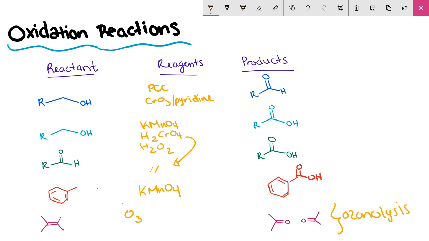And when we do it with these ozone molecules, we often will use something like zinc in addition, or even something like a methyl group with a sulfur, another carbon. So that's pretty much the main oxidation reactions that I wanted to sort of cover and just give you an overview about. See you next time.